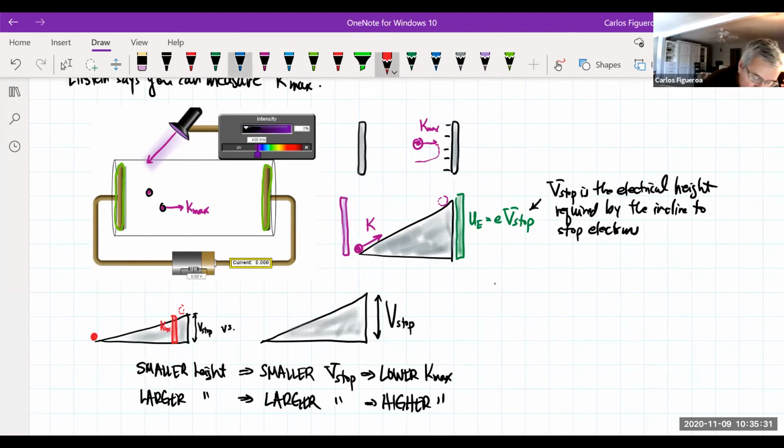But if I have a violet one and it comes all the way up to the top here, then this height is going to require a bigger kinetic energy max to get up to the very top.